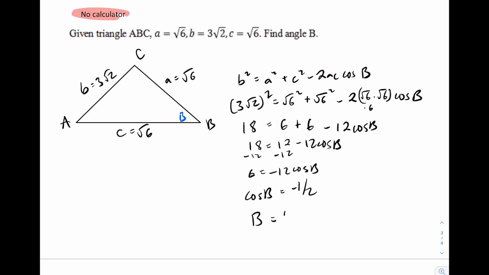It would hit it at 120 degrees and 240 degrees. Now it's important that you understand 240 is impossible. That can't be in a triangle. So make sure you deny that answer when you're working with no calculator. 120 is our only answer. And we are done. So good luck on the rest of the problems.